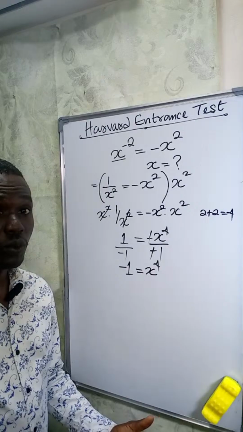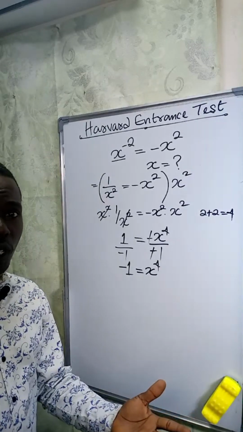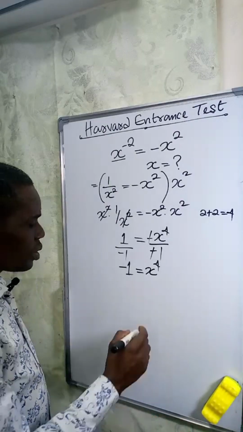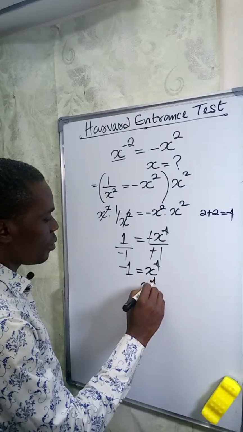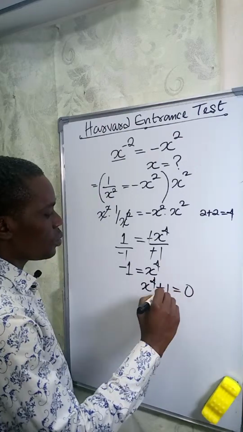Now, what do we do from here? I guess we can equate the equation to 0. If we equate the equation to 0, this will give us x to the power of 4 plus 1 equal to 0.